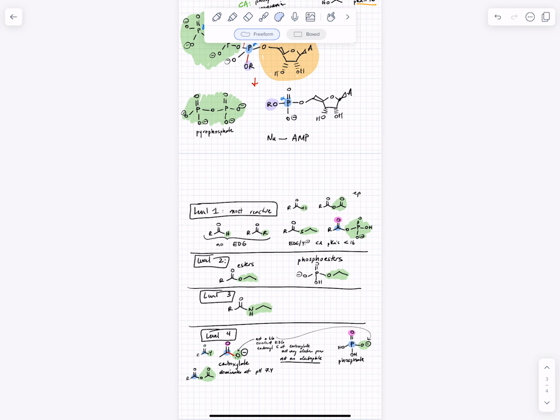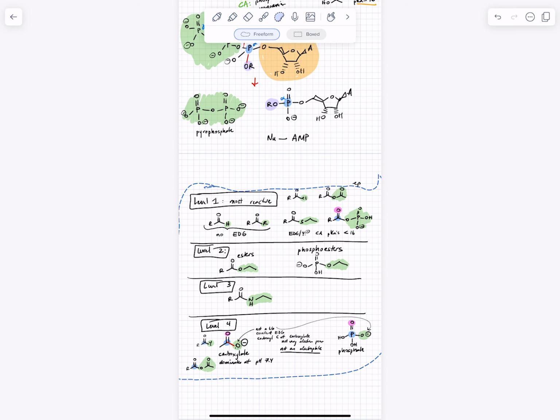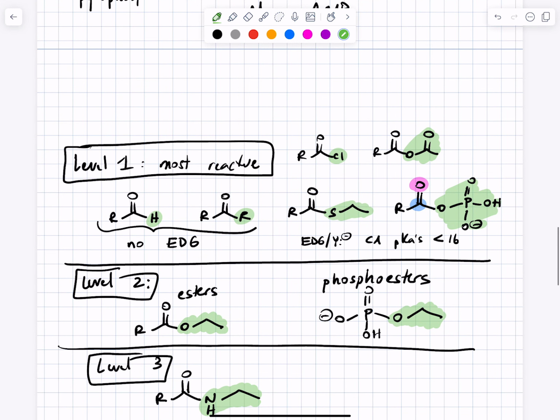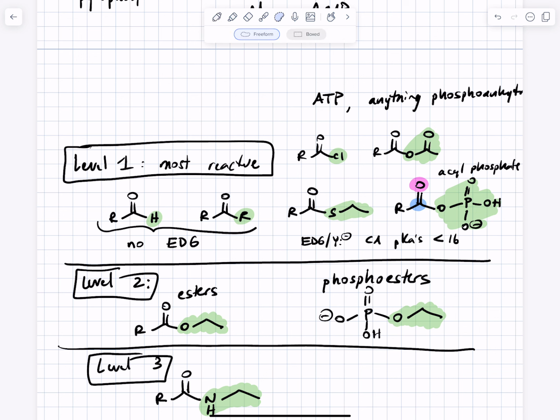If we were going to copy this list, I would include as level 1, in addition to acyl phosphates, ATP and anything with a phosphoanhydride linkage.